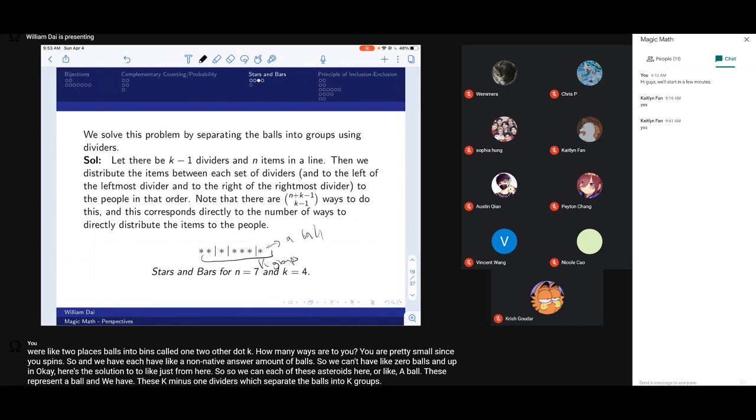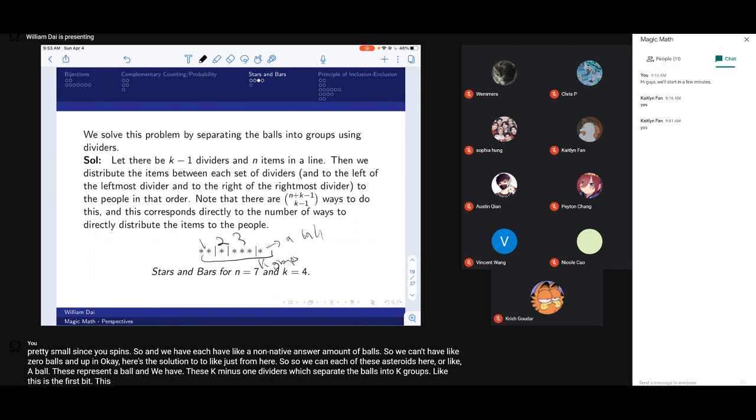This is the first bin, this is the second bin, this is the third bin, the fourth bin. This is going back to the bijection subsection.